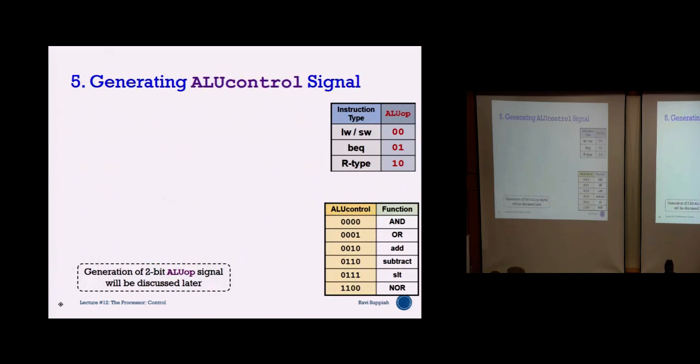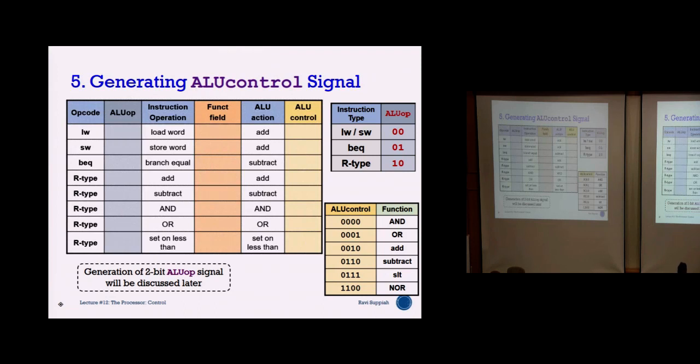Okay, so let's look at how we can generate this ALU control signal here. These are the different instructions, your load and store, your branch, followed by the 5 different R-type instructions here. This ALU op is what is given to you over here.